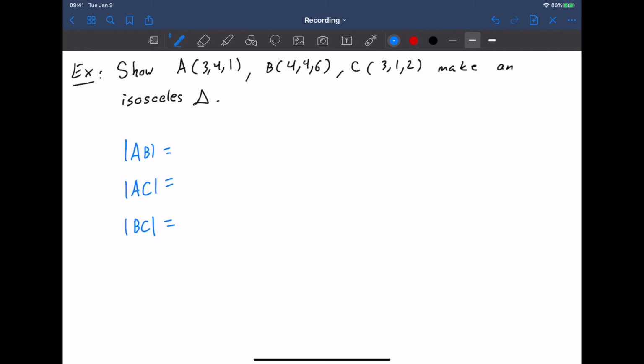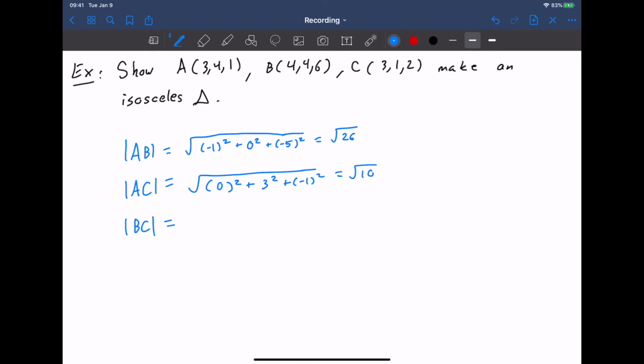Okay, so the length of AB should be -1 squared plus 0 squared plus -5 squared, which is root 26. AC, I'm getting 0 squared plus 3 squared plus negative 1 squared, which is root 10.